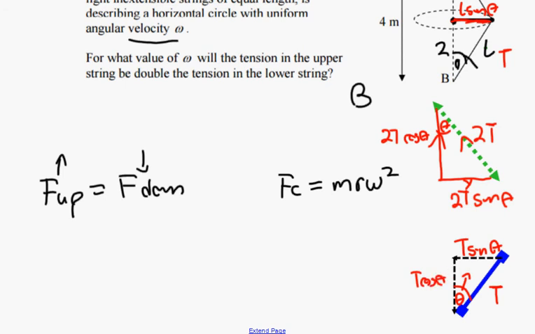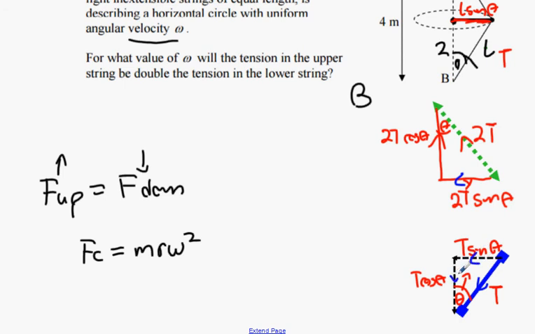Now, okay, now Fc, force. What forces are driving it towards the center of the circle? That is going diagonally left down. So what forces are driving it towards the center of the circle, guys? Yeah, it's going to be your 2t sine theta plus your t sine theta, which ends up to be your m.